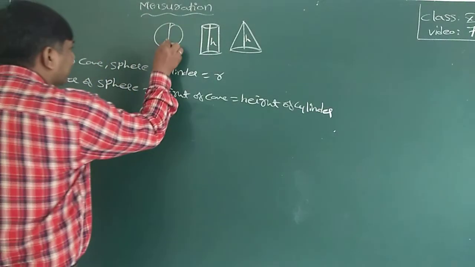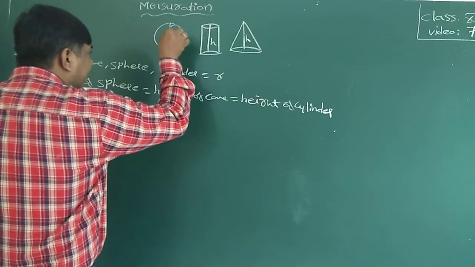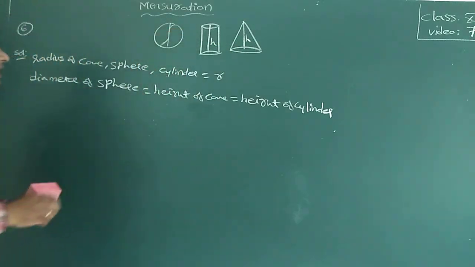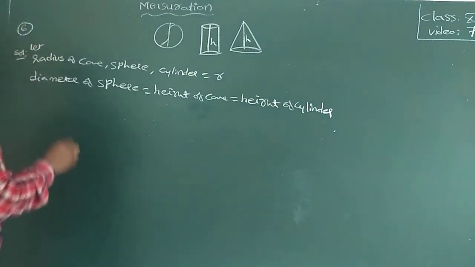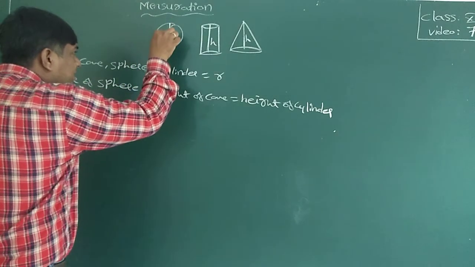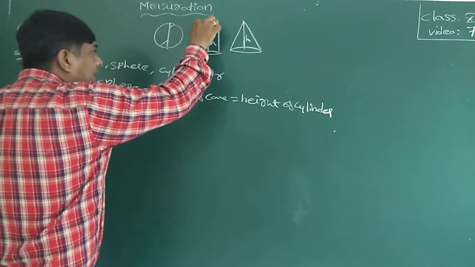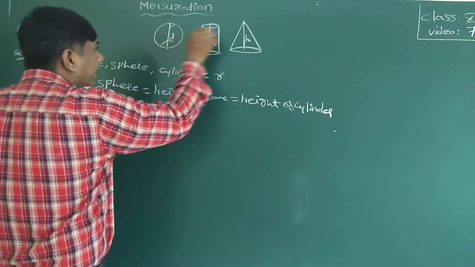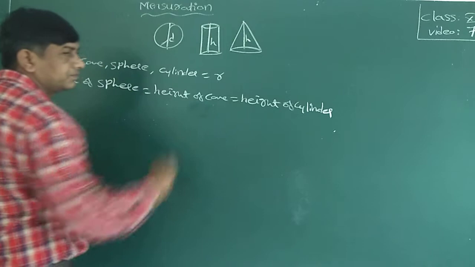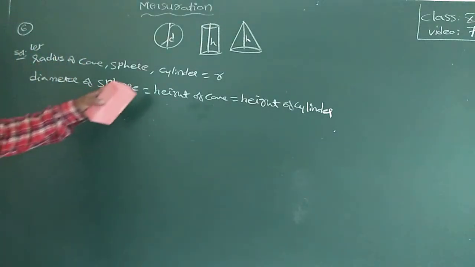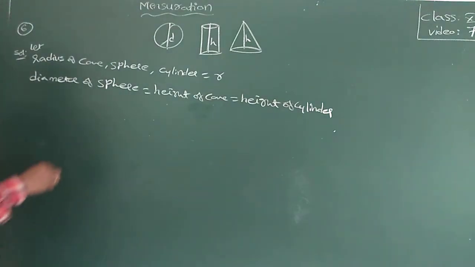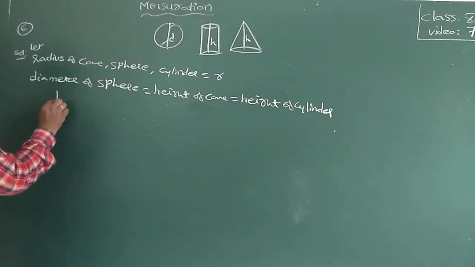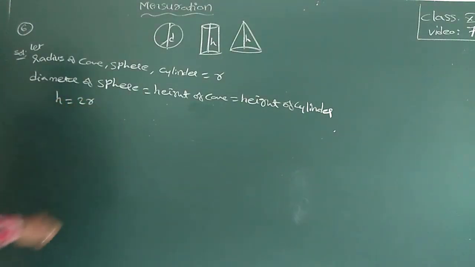Let us assume the radius of the cone, cylinder and sphere is r, and the diameter of the sphere is equal to the height of the cone and the height of the cylinder. That means H is equal to 2r.